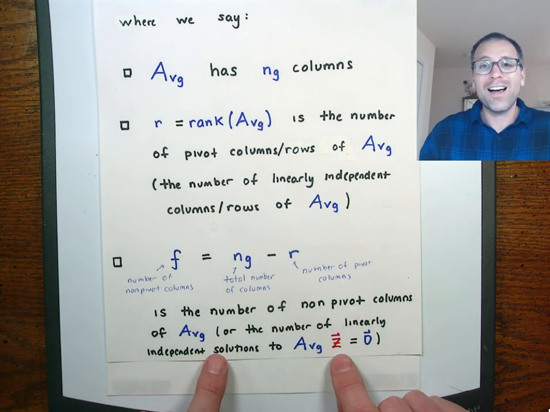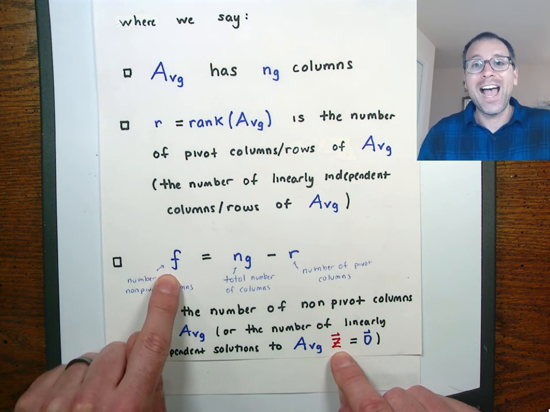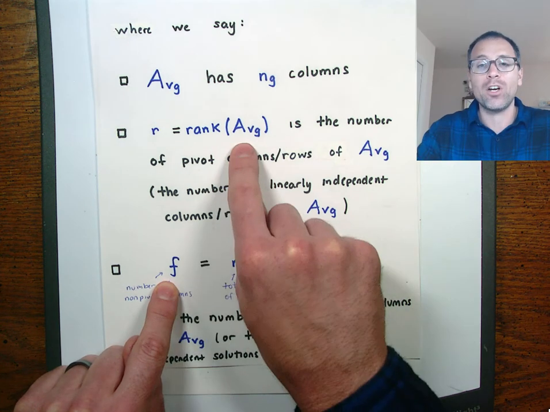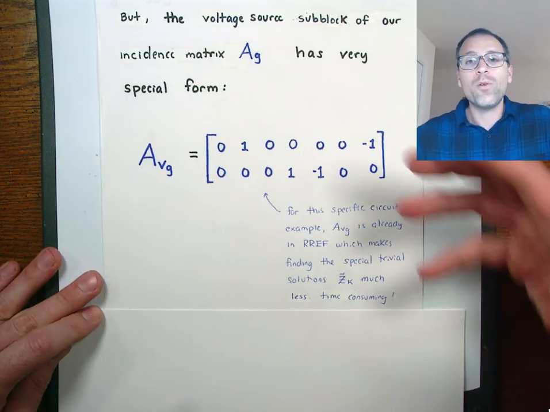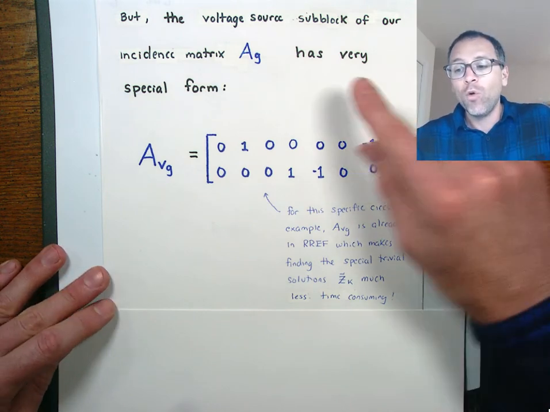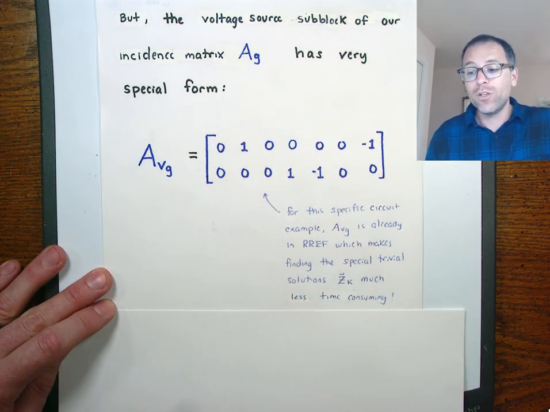Thus, if we want to find any trivial solution, what we're really going to try to do is to find f linearly independent solutions to this homogeneous linear systems problem, where f is the number of non-pivot columns of that matrix. But the moment we realize that, as linear algebraists, we might start salivating. The voltage source subblock of our incidence matrix given by this has really special form.